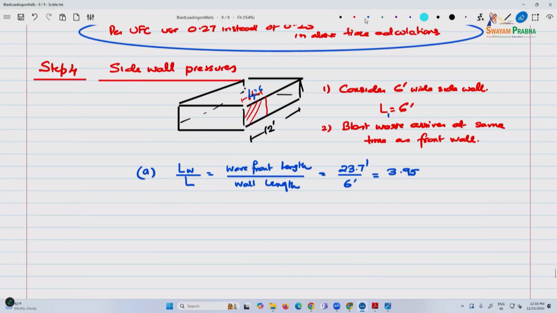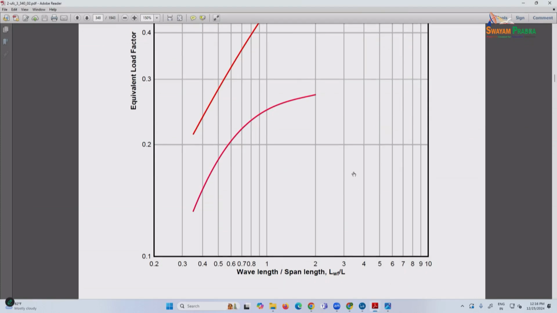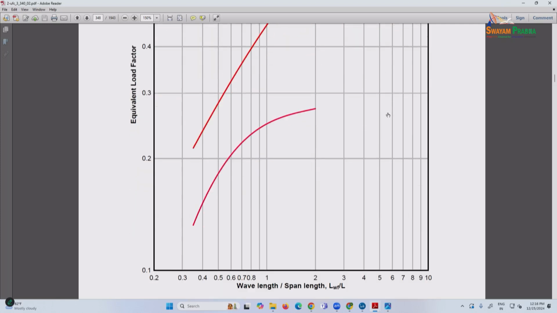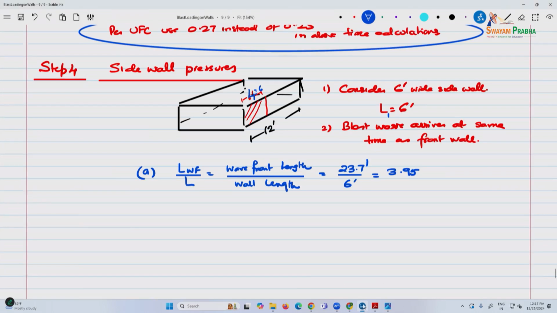LWF divided by L is 3.95, and so for 3.95, let's say 4. Now you'll find that the values are sometimes off the charts, especially for the negative. It stops right here. Positive, you're able to get something for 4, which is this line, somewhere between 0.8 and 0.9, a little above that also. Whereas here it stops at about 0.2 something, 0.28 or 0.275, whatever.